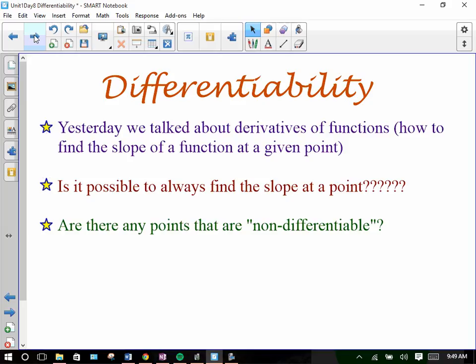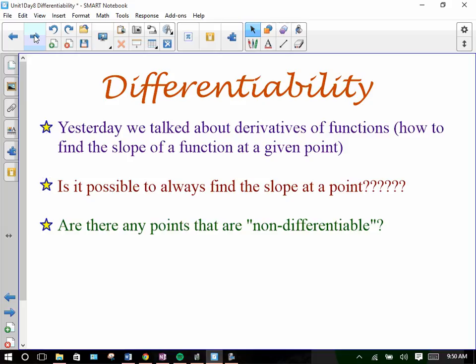Are there points where we may not be able to find the slope? In that case, these points would be called non-differentiable. So, are there any points that are non-differentiable? What do you guys think the answer is? Is it possible to always find the slope at a point? No. Good guess. The answer is no.